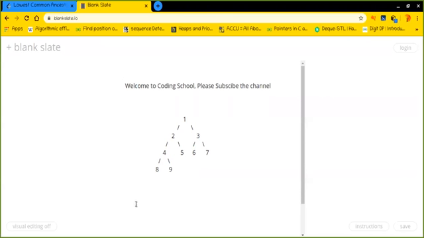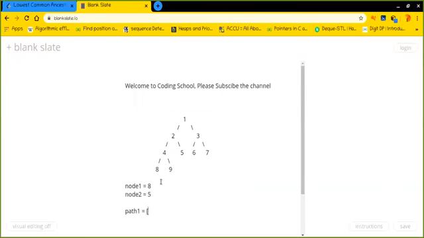So for now, let me write down the path as well, so that you can visualize it better. Let's follow the path for reaching 8. Let me write the nodes here. Node 1 is 8, and node 2 is 5.